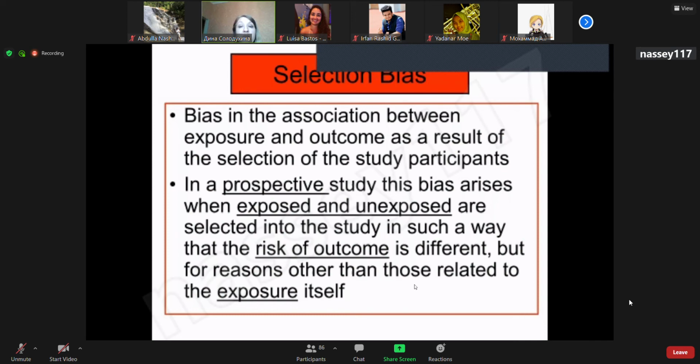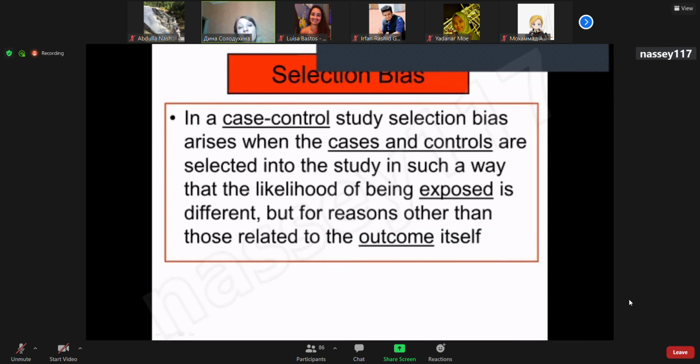And in a case control study, we usually have selection bias when cases and controls are selected in such a way that the probability of being exposed is different, and at the same time the reasons can be different from those related to the outcome. So to avoid selection bias is really very difficult.